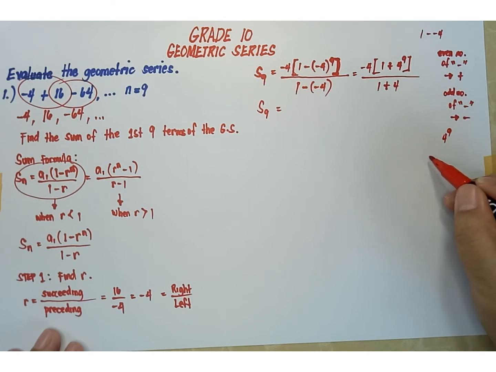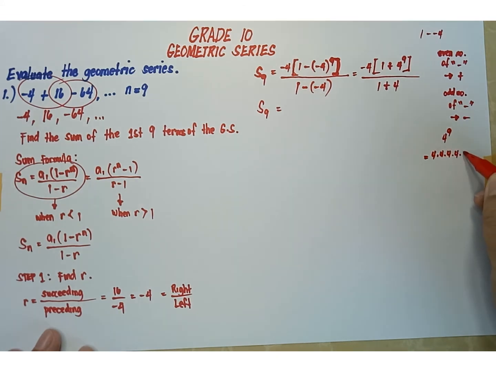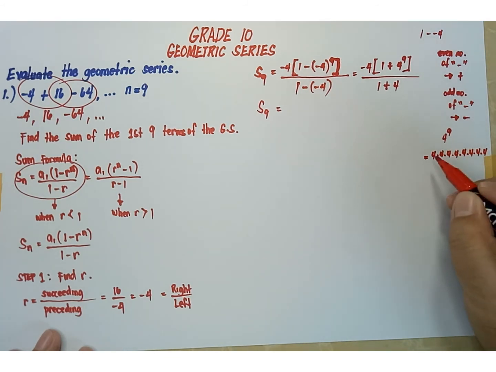4 raised to 9 is equal to, using 4 as a factor, 9 times. So, ang expanded form niyan ay 4 times 4 times 4 times 4 times 4 times 4 times 4 times 4. Ilan na yan?